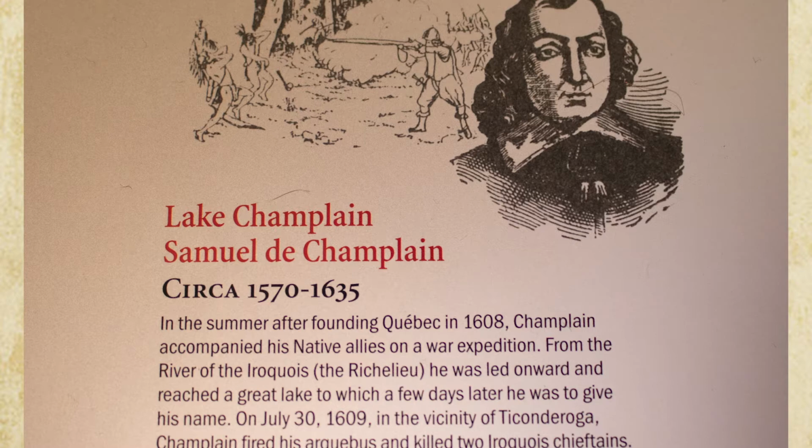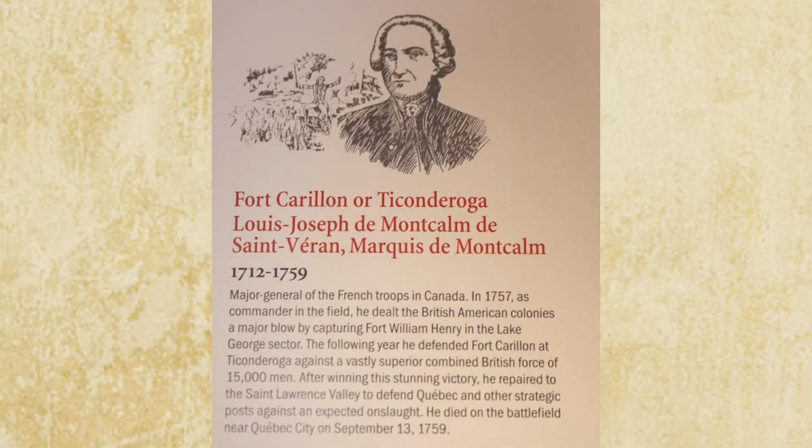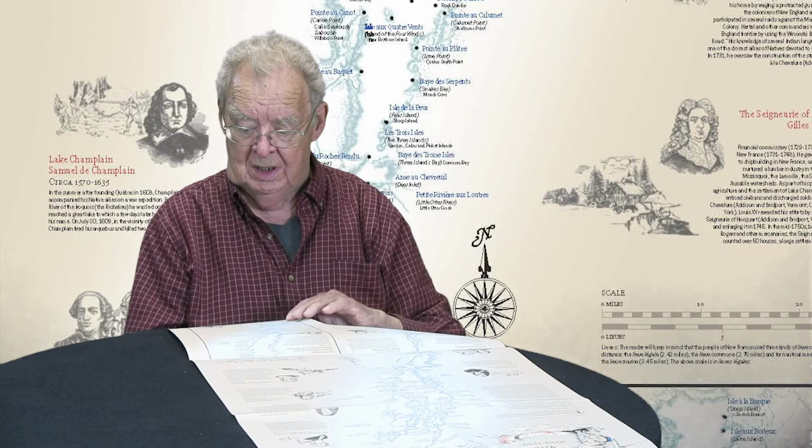Moving down that left column, the illustration showing us the French king, Le Domaine du Roi, the likeness of Louis XV is authentic, and so is the portrait of Montcalm at the bottom of the sheet, which is based on a historical oil painting.